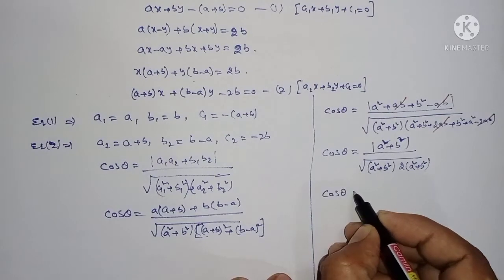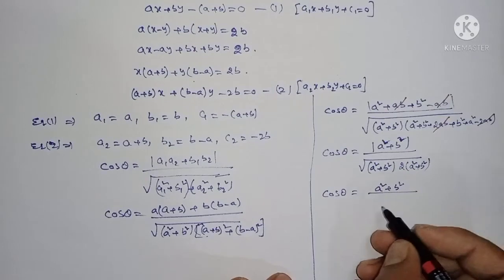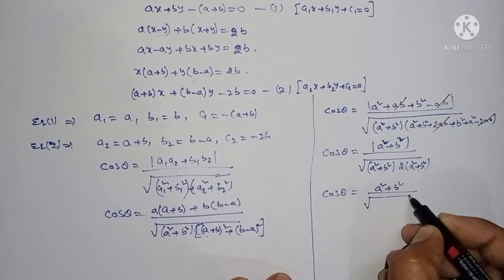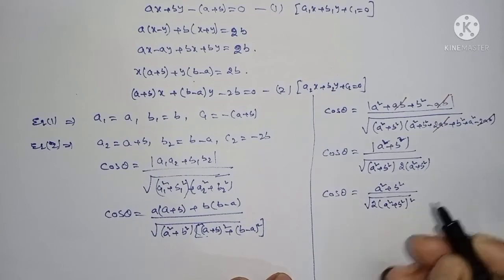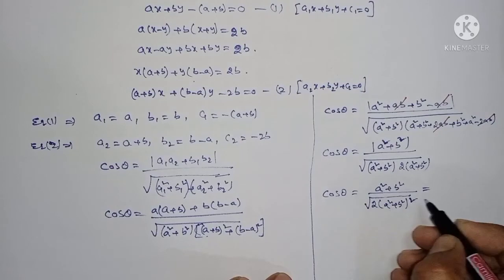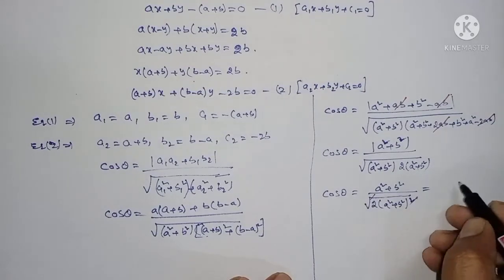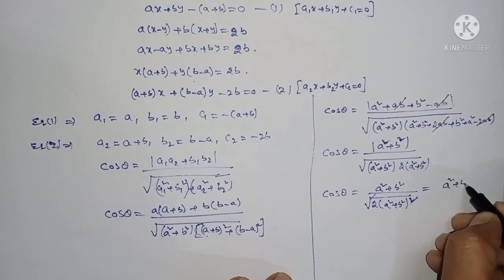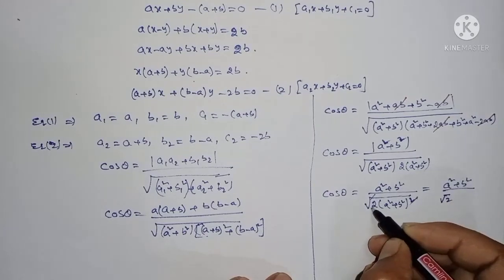Therefore cos theta is equal to a square plus b square by root of 2 into a square plus b square whole square. If you have this square and a root, therefore this cancels, you will get a square plus b square by root 2 as it is, root 2 as it is.